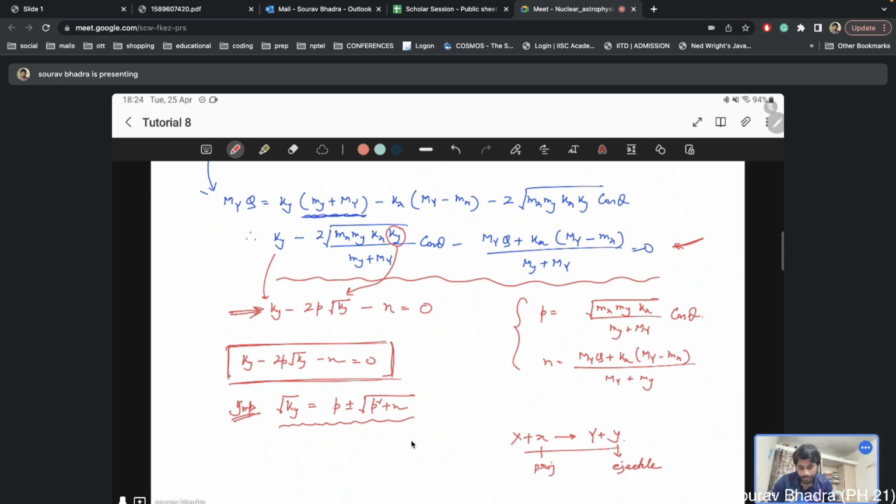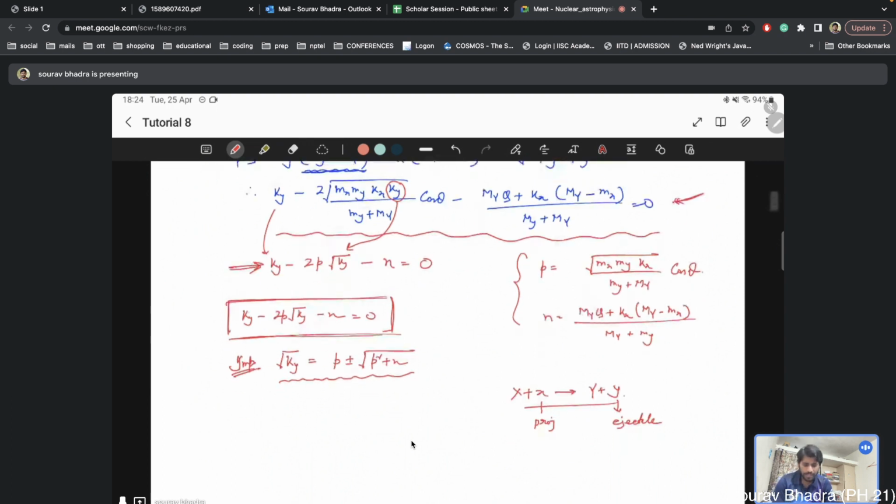Now, as you have seen, in this expression we get root ky equals p plus minus square root of p square plus n. Now, root ky tells you that ky should be real and positive, because root over a negative quantity is imaginary, but the kinetic energy is a real quantity.